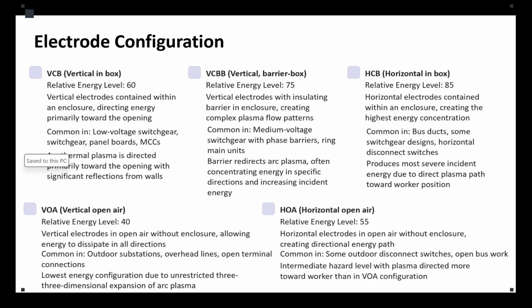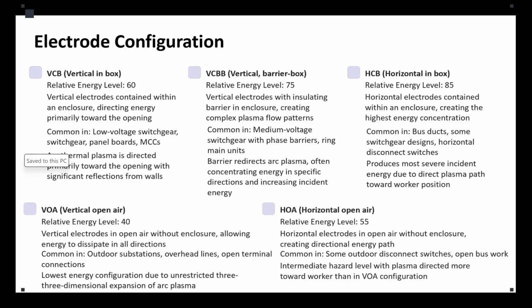Okay, the arc tends to shoot out of the enclosure opening, which basically means toward the worker's face during maintenance. Enclosure walls reflect and channel the energy, which intensifies the blast forward. We have medium severity, but high worker exposure. So full PPE and face protection is mandated in this configuration.